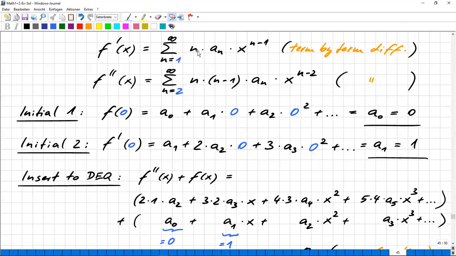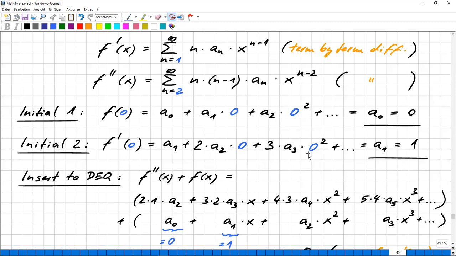Here, n equals 2, then I have 2 times a2 times x power 1. So that's the linear term, actually. But x is equal to 0 again. Let's look at the next, the third term also, n equals 3. So we have 3 times a3 times x power 2 this time. But anyway, I get 0 squared. It's the same effect as before.